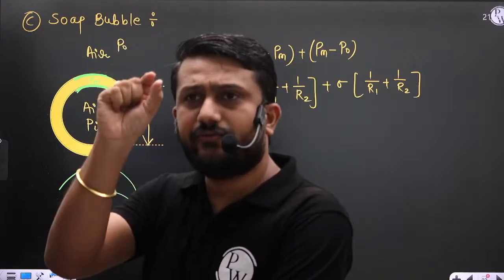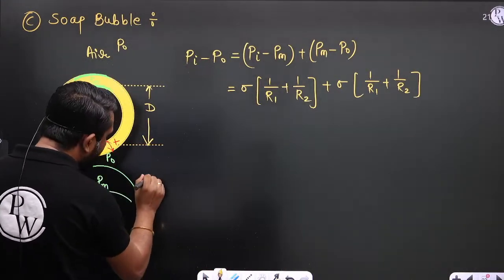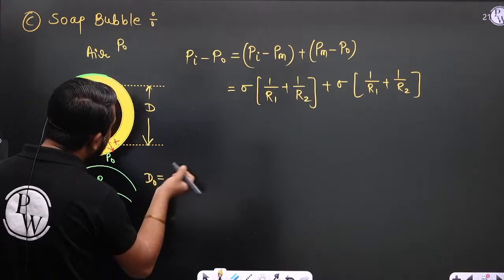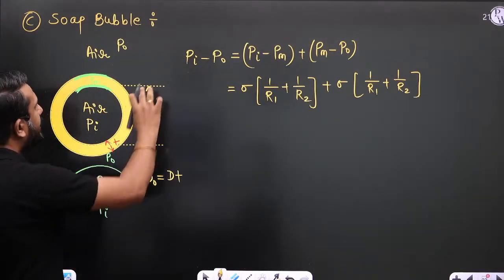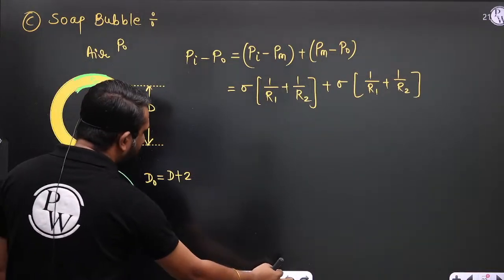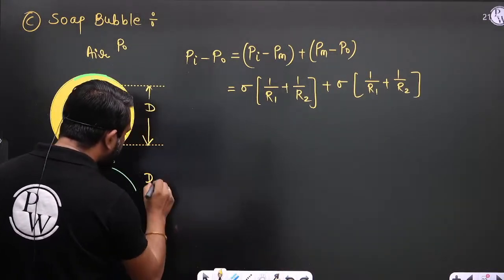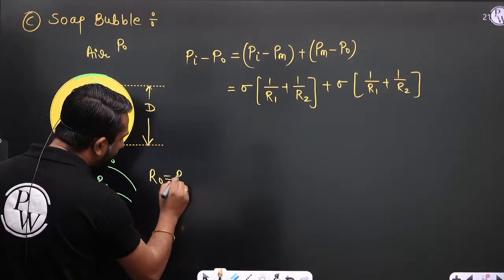If I am writing D naught, so D naught is nothing but D plus 2 times of T. We can write in this way, or R naught is equal to R plus T.